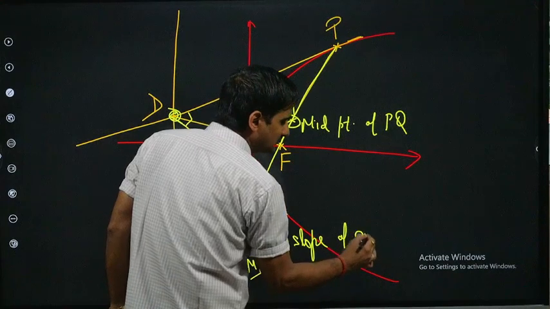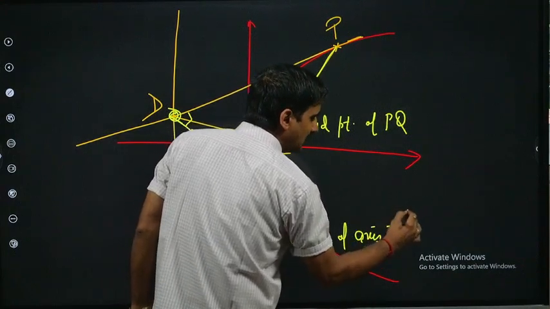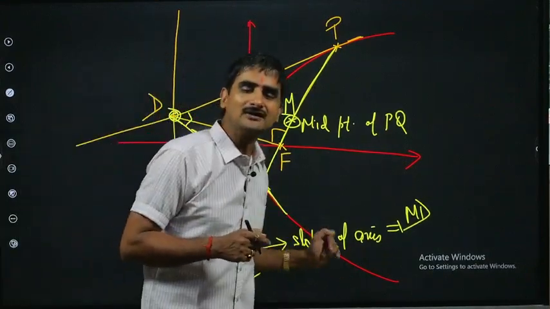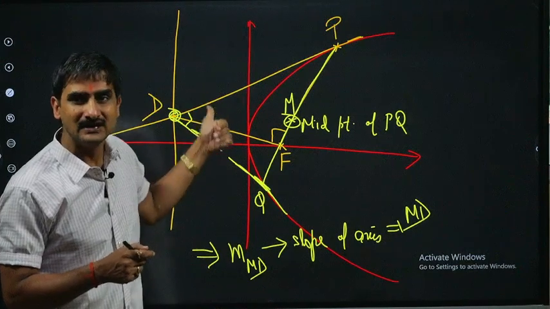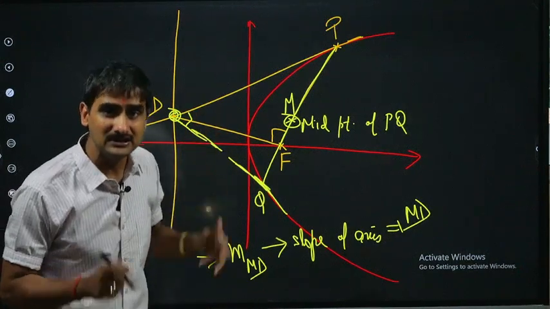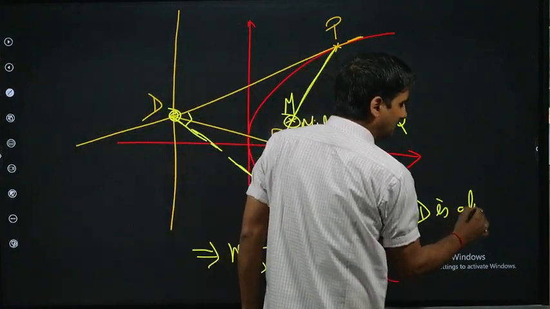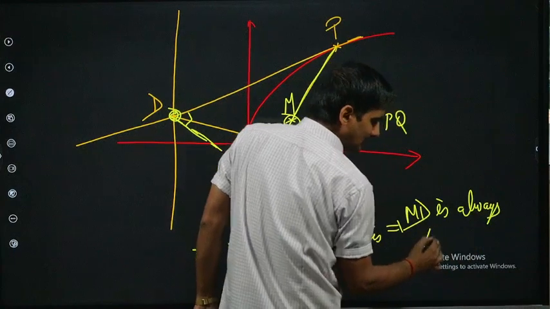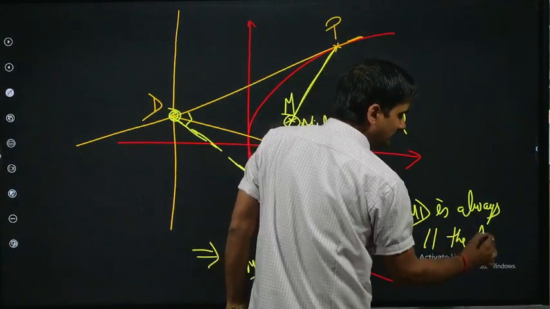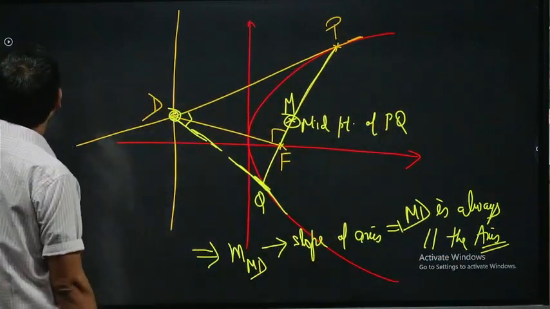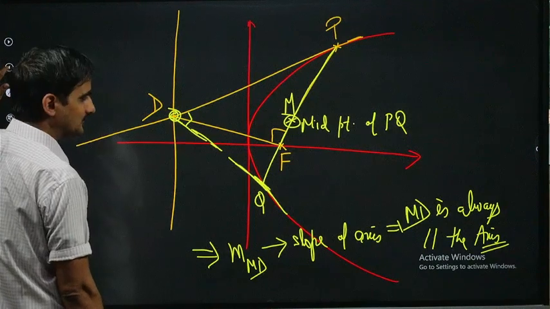That means the line MD joining the midpoint of the focal chord and the point where the tangents drawn at the end points of the focal chord meet is always parallel to the axis of the parabola. That's it.